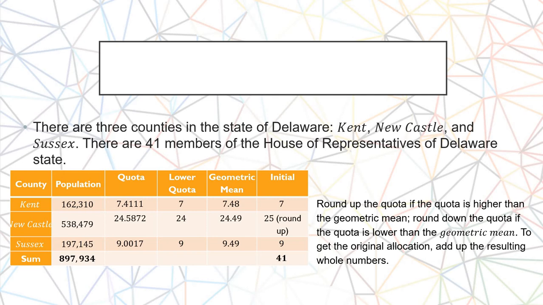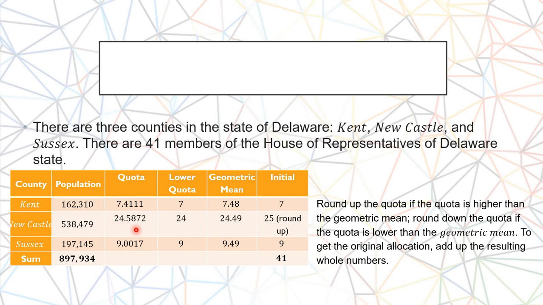We look at 24.58. It is higher than 24.49, and 7.48 is higher than 7.41. As is, 9.49 is higher than 9.0017. But for the other one, 24.49 is lower than 24.58.